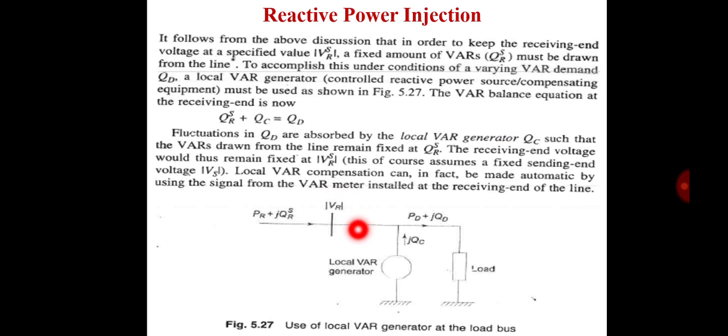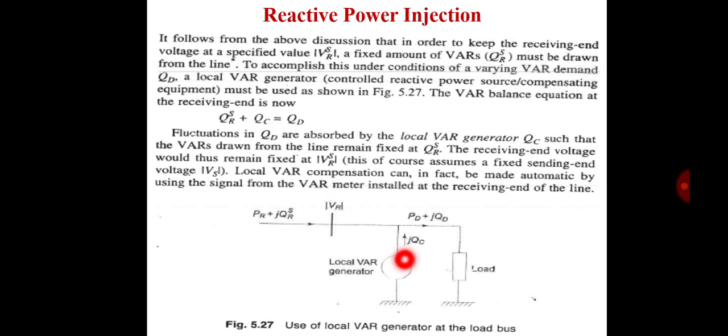In the figure, here is VR, the receiving end voltage, here is the receiving end power, and here is the load power. For this load we connect the local VAR generator in this manner. Here is QR specified, the specified reactive power, plus QC.